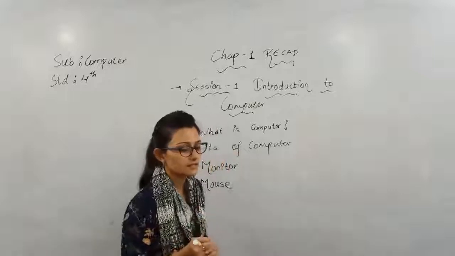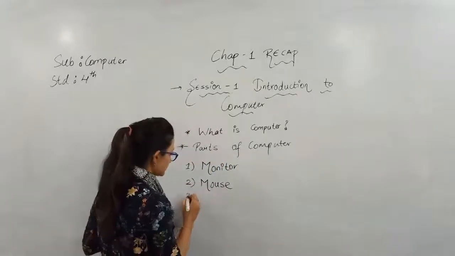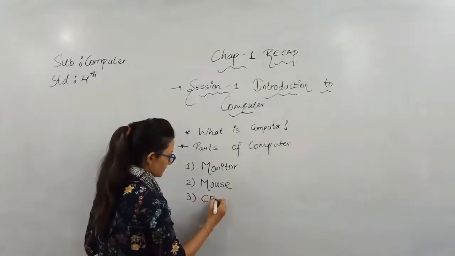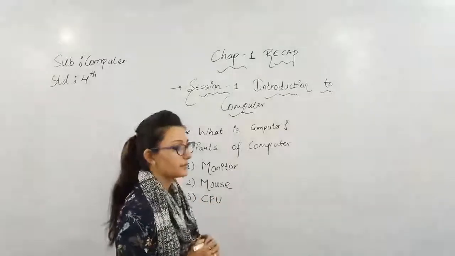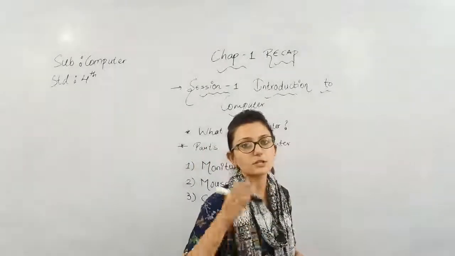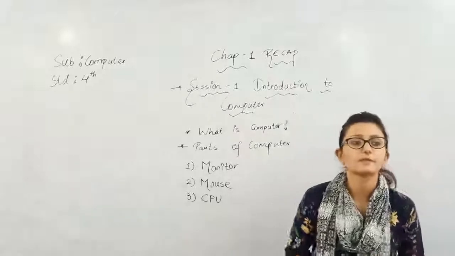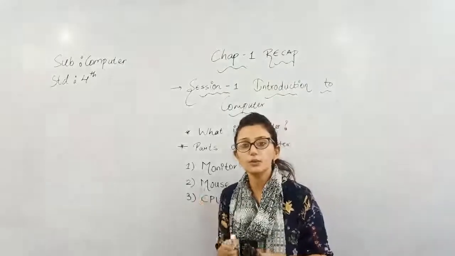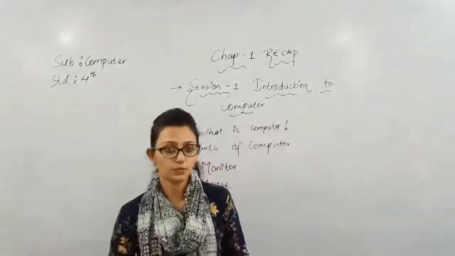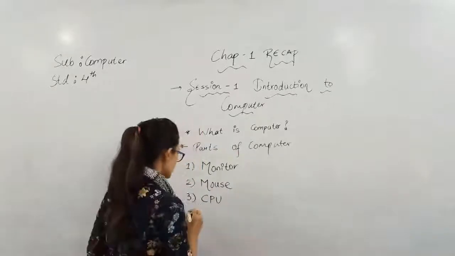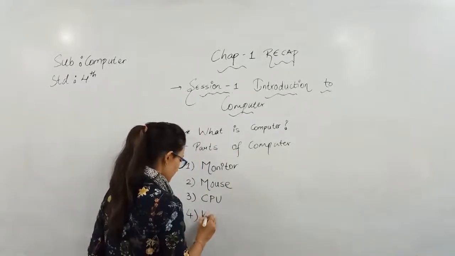That's a surprise. The next one is CPU. CPU means central processing unit. Central processing unit is known as CPU. The next one is keyboard.